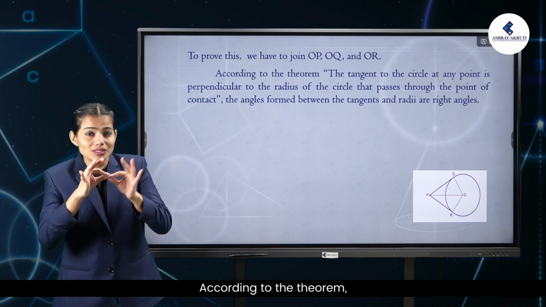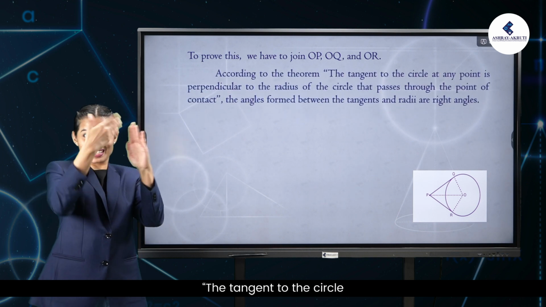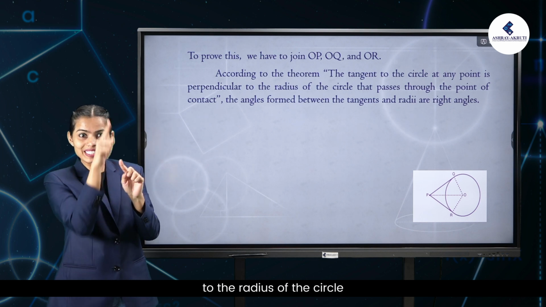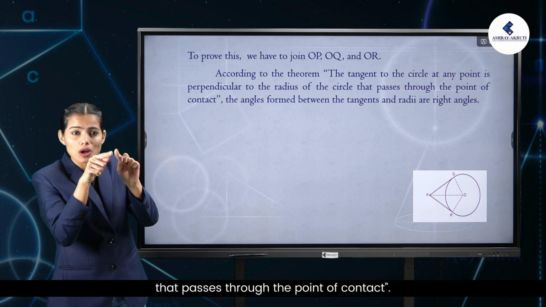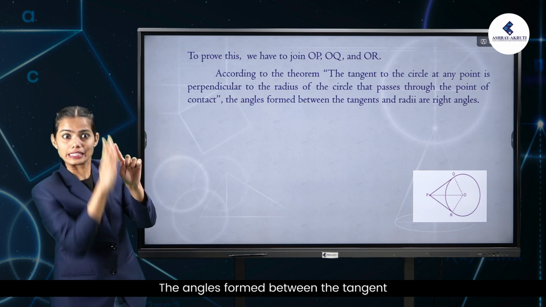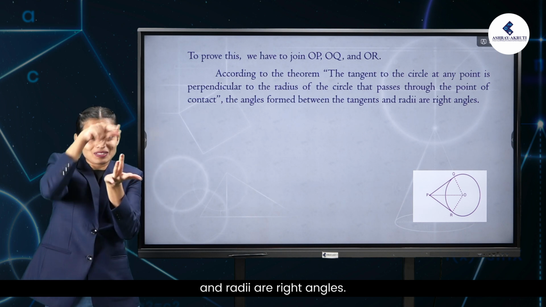According to the theorem, the tangent to the circle at any point is perpendicular to the radius of the circle that passes through the point of contact. The angles formed between the tangents and radii are right angles.